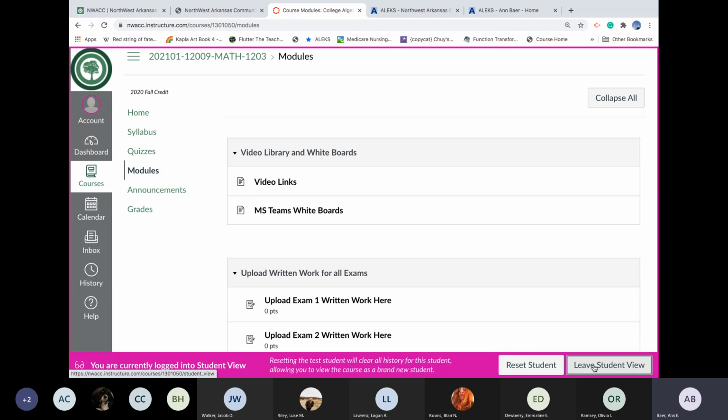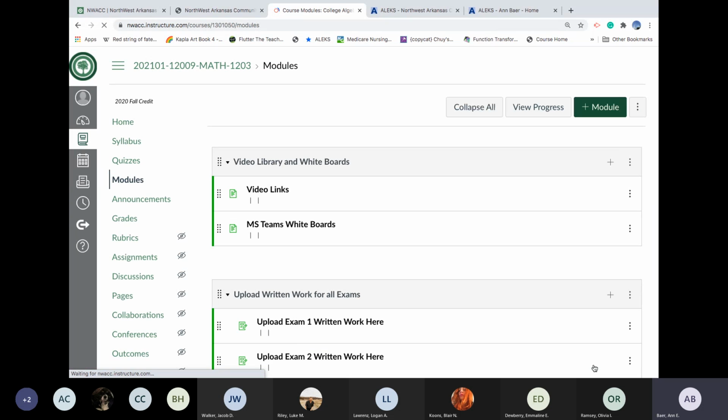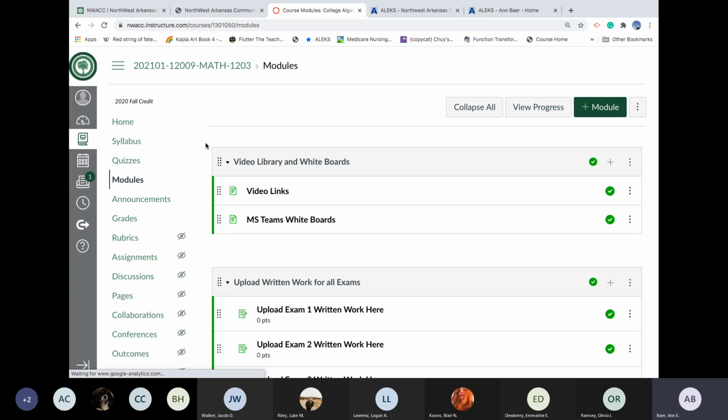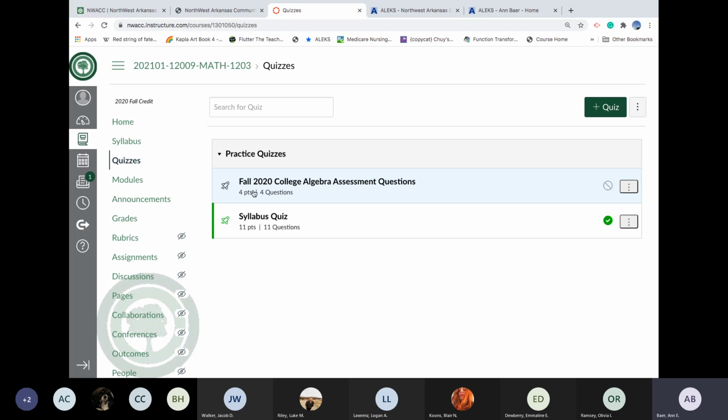Canvas account. Let me leave the student view. I want you to see what that looks like. I'm back in my account. If I now go and click on quizzes, you can see what you will then be looking for is this fall 2020 college algebra assessment questions. There are 4 questions. They are multiple choice.